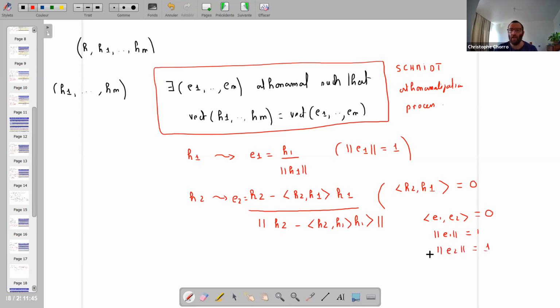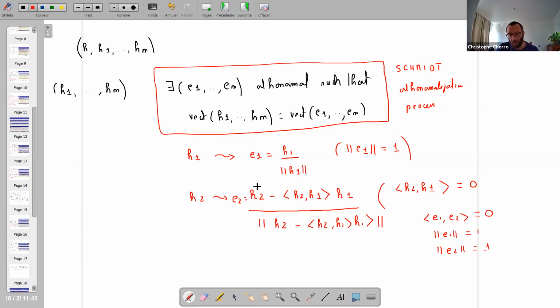And so on. I take the third, I subtract the things corresponding to the projection on the two first vectors. I divide by the norm, and I obtain a third vector that is orthogonal to the two previous ones with a norm equal to 1.